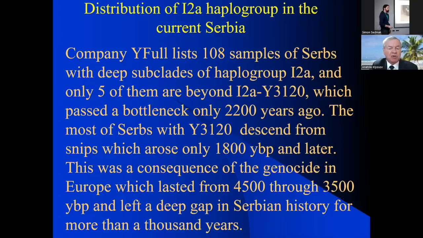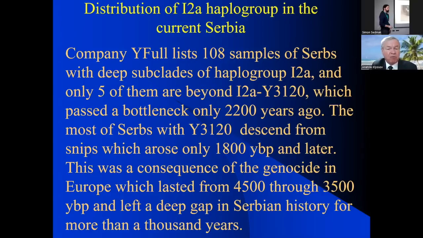That's a bottleneck. However, the most of Serbs with Y3120 descend from a SNP which arose only 1,800 years ago, which means, let me explain it. So the bottleneck was passed 2,200 years ago, but still the majority of Serbs descend from a common ancestor who lived only 1,800 years ago.